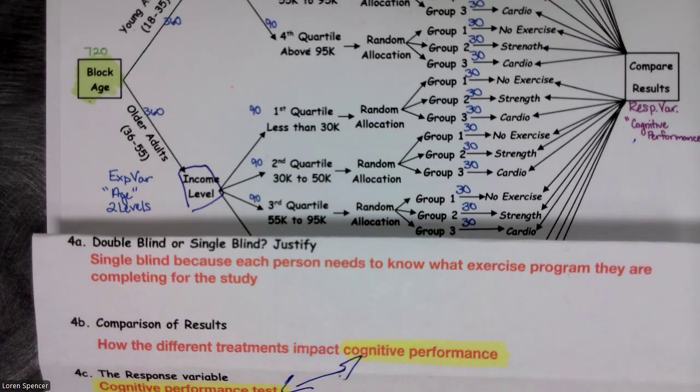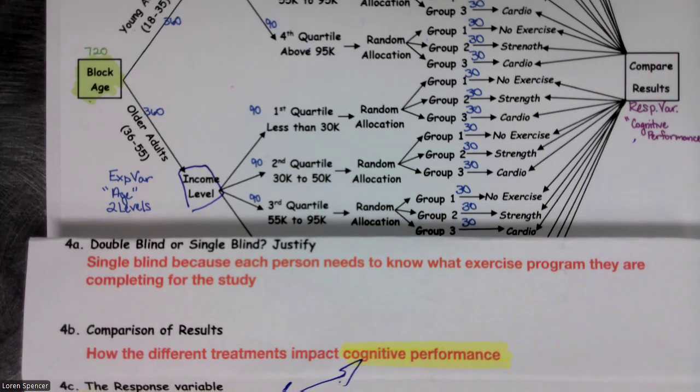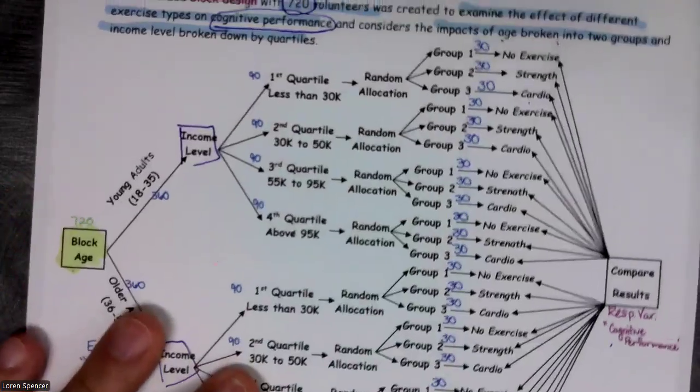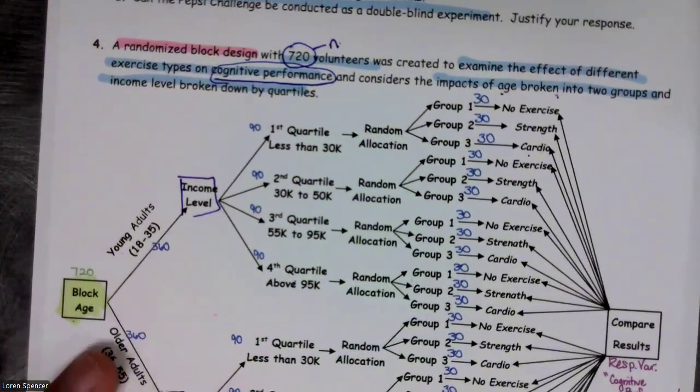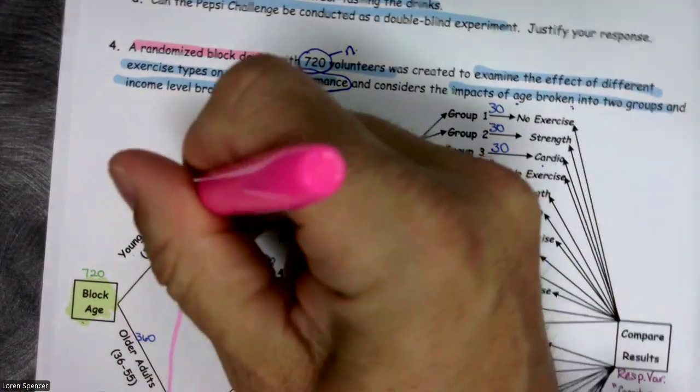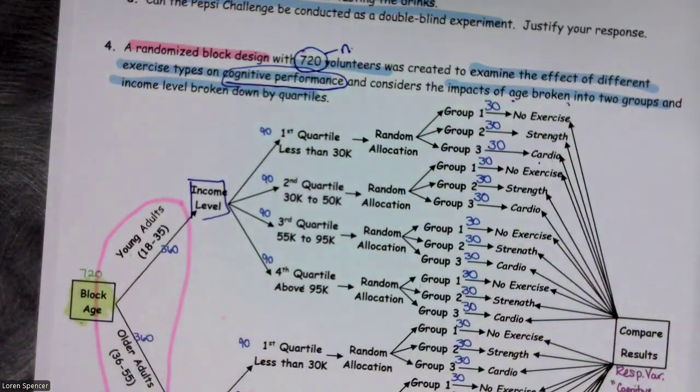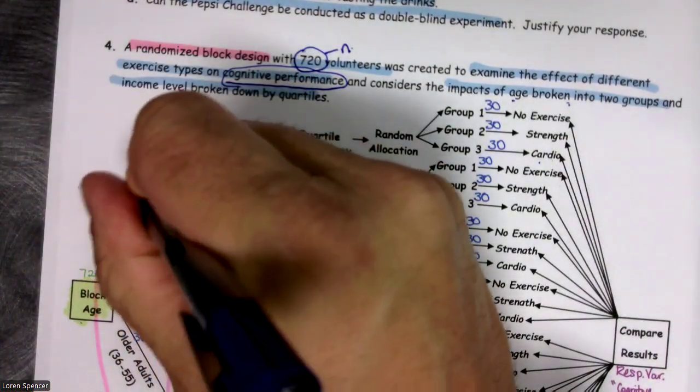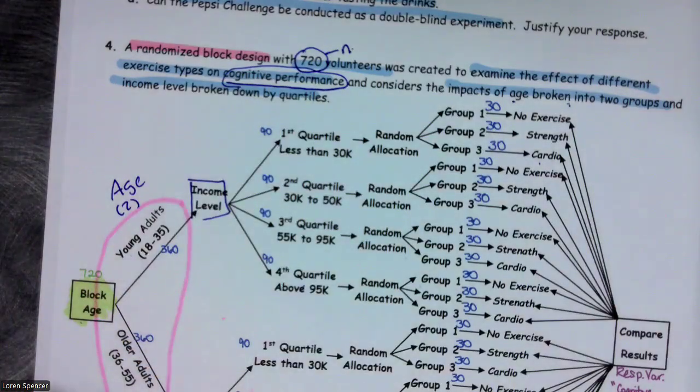All right, list the explanatory variables and the number of levels for each. Well, if I'm looking at the groups, I divide once. That group was divided based on age, and it had 2 levels.